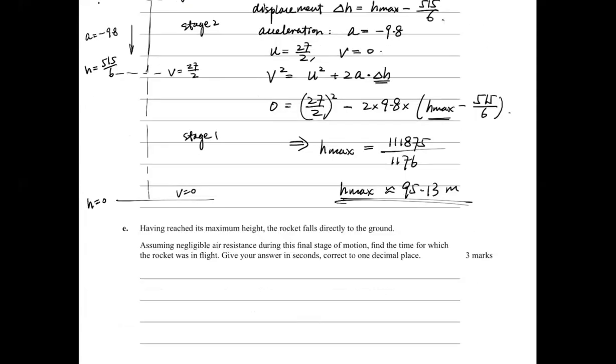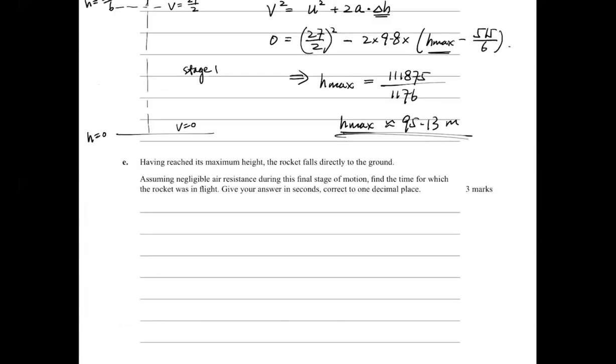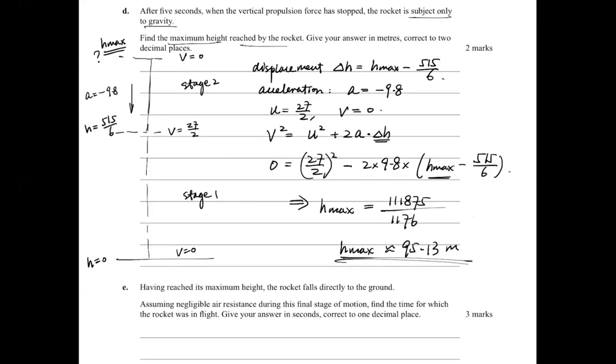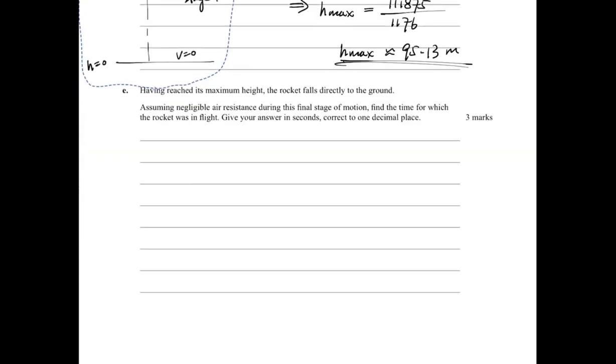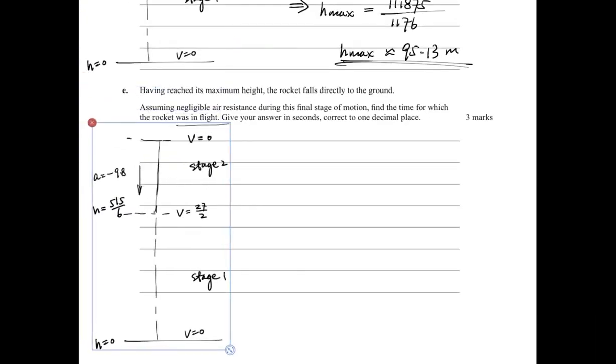Having reached its maximum height, the rocket falls directly to the ground. Okay, so I want to borrow the whole thing again. Let's break everything into 3 stages, okay? Last one, stage 3.